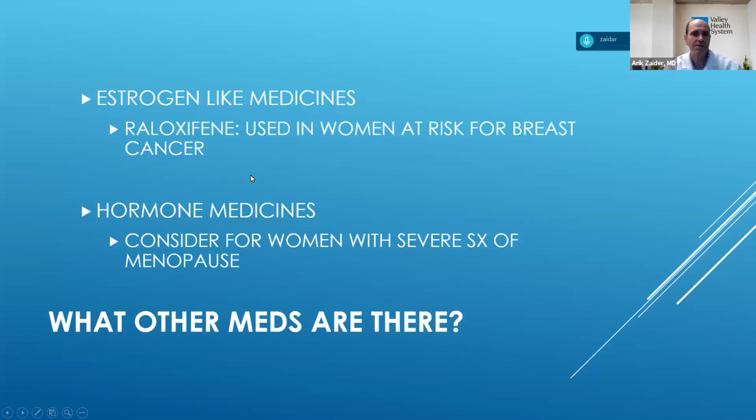I just want to mention briefly, there's yet more medicines that are used for osteoporosis. There's a medicine called raloxifene, which is sort of estrogen-like in that it acts like estrogen at the level of the bone, and therefore it helps prevent bone loss the same way as hormone replacement therapy.